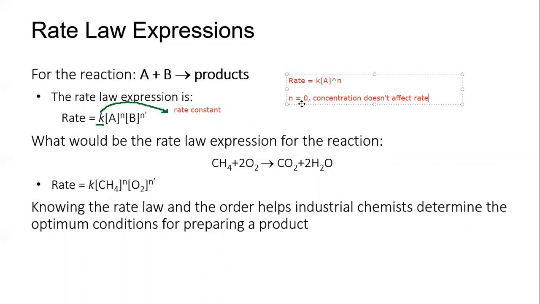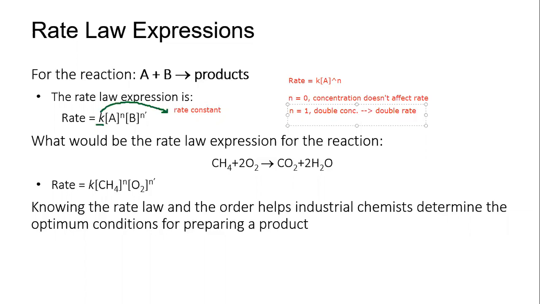Another common one is n equals 1. What this tells you is if you doubled the concentration, then you would double the rate. So it's a one-to-one relationship. If you double the concentration, you would record a doubling of the rate.